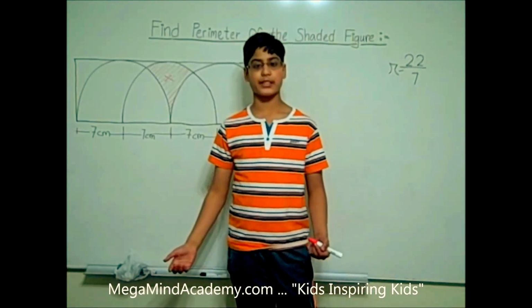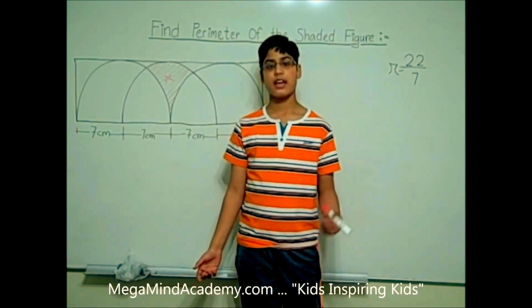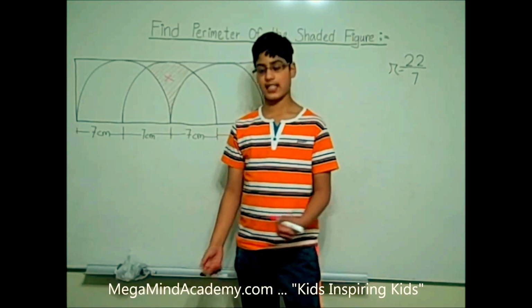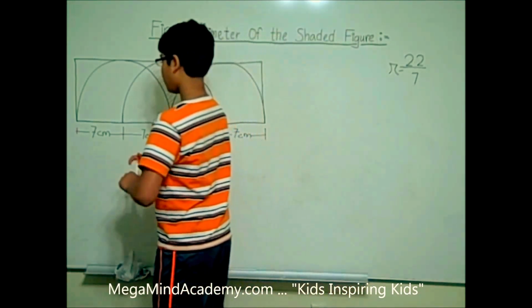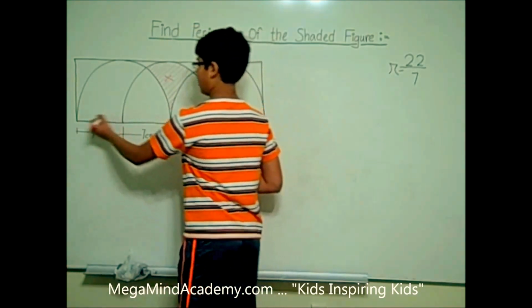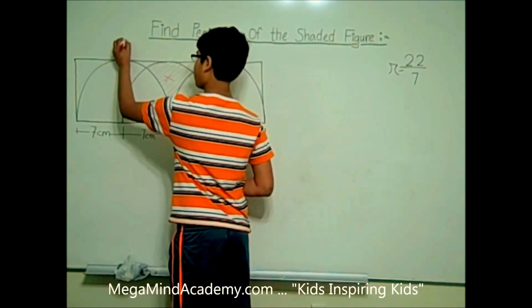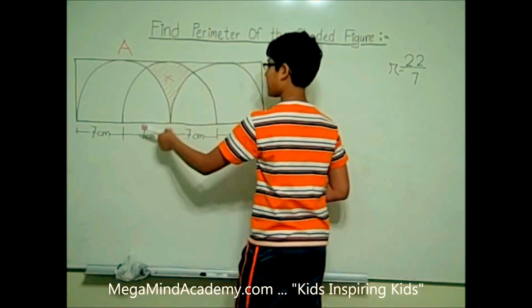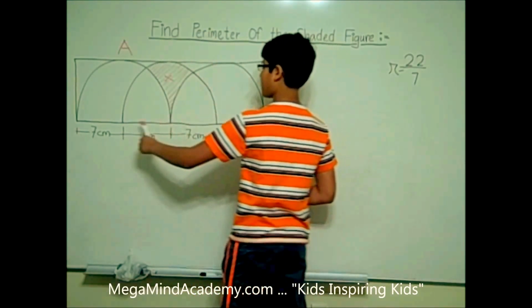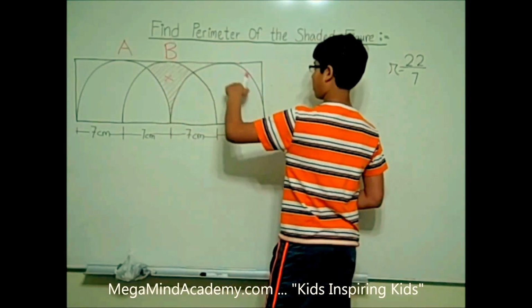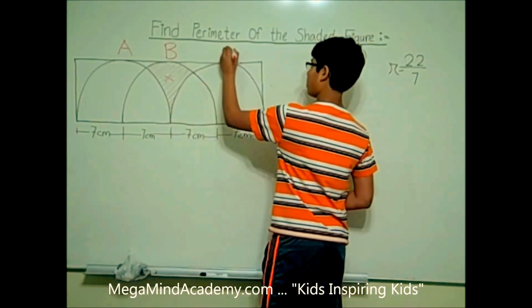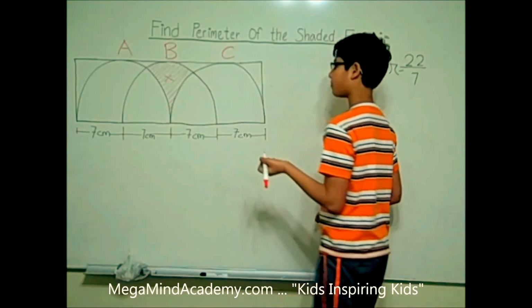Let's label these semicircles as semicircles A, B, and C. This semicircle is semicircle A. This semicircle is semicircle B. And this semicircle is semicircle C.